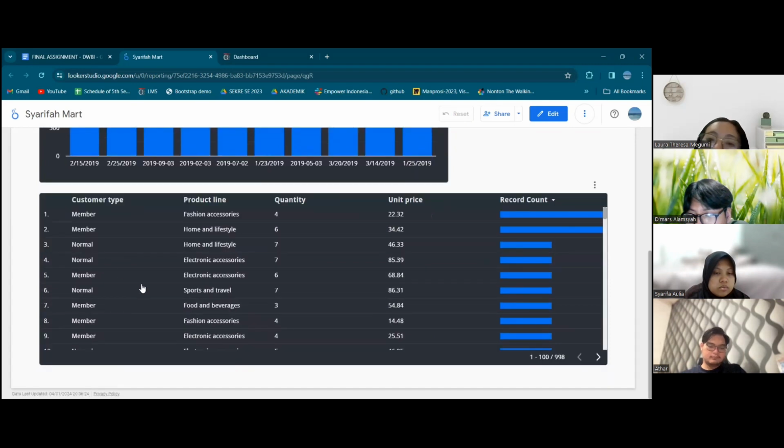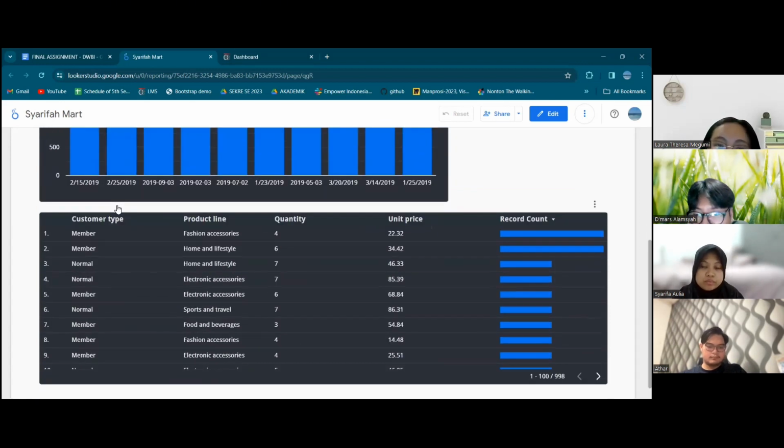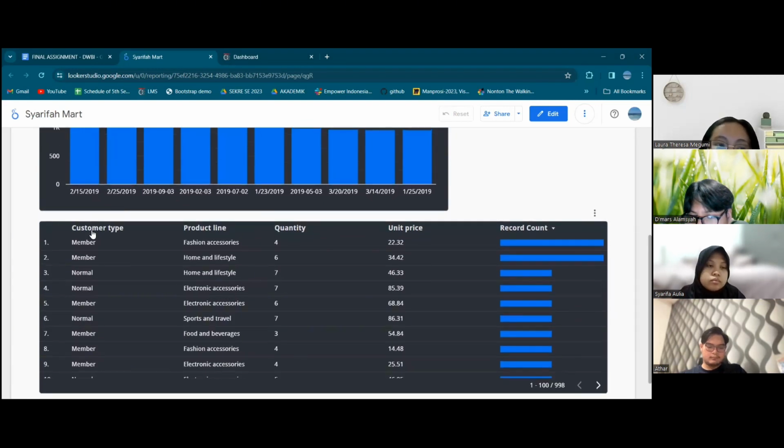And the second one is the KPI where we compare the customer type purchase amount based on the unit price. As seen on the screen and based on our calculations from the data mining, it is obtained that for the customer type, the first and the second get the biggest record count, which is in unit price 22.32 and also 34.42 in product line, fashion accessories, and also home and lifestyle.